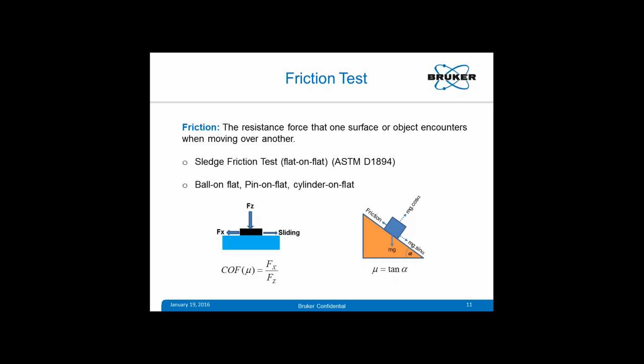In UMT TriboLab, you also have a facility to record the static friction, or the friction force at the very instant of the beginning of the motion, which is usually higher than the dynamic friction.